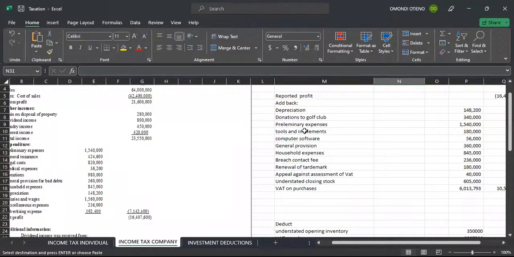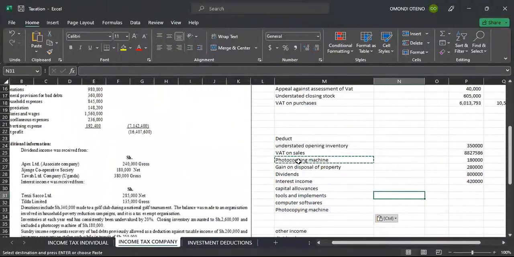If I give you a standard thing that all fixed assets are supposed to be added back, then you add back this photocopying machine. Are you able to see the mess that you are going to get yourself into? So just look at how that information has been used when computing the accounting profit of this particular company. So from that point, you'll be able to interpret.